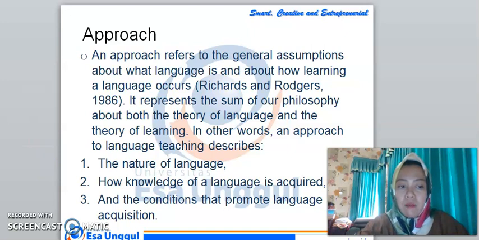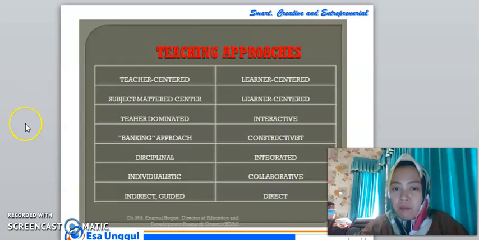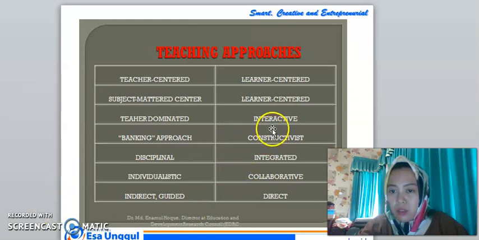When we talk about approach here, we have many kinds of approaches: teacher-centered, learner-centered, subject matter-centered, teacher-dominated, banking approach, disciplinal, individualistic, indirect, guided, direct, collaborative, integrated, constructivist, interactive, and so on and so forth.